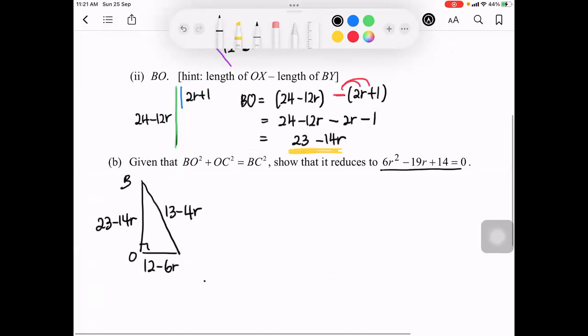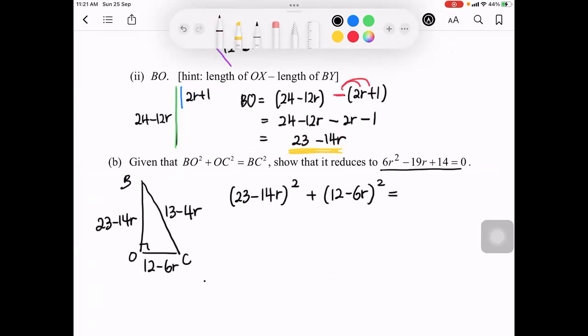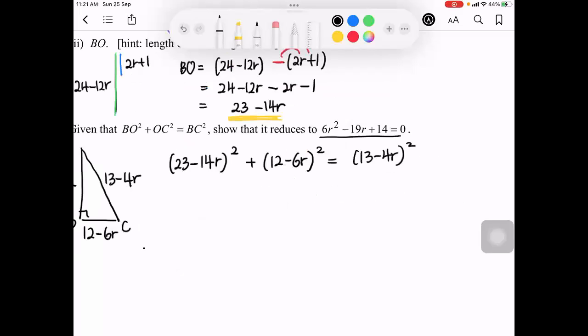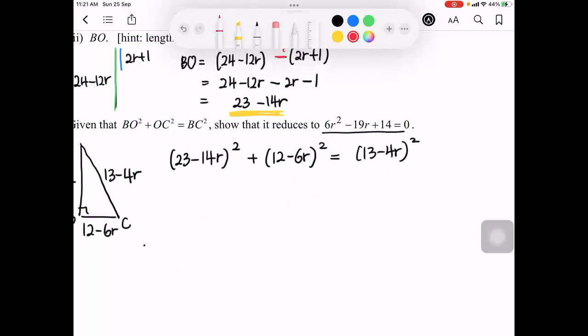Okay, the question says BO square plus OC square equals to BC square. So BO square, 23 minus 14r. OC square, 12 minus 6r. BC square, 13 minus 4r square. The next step is going to be very, very long. We do slowly.